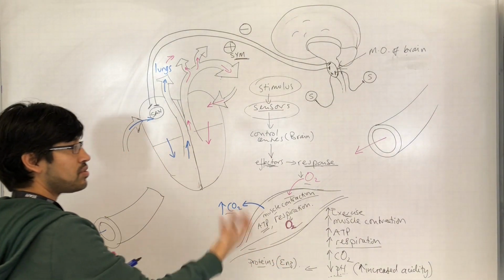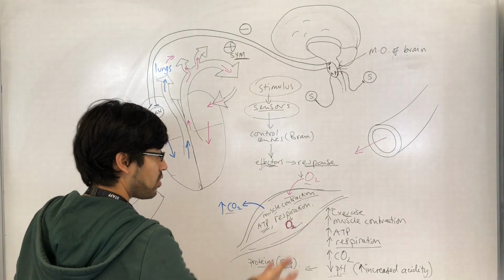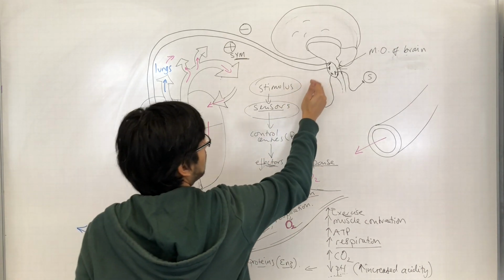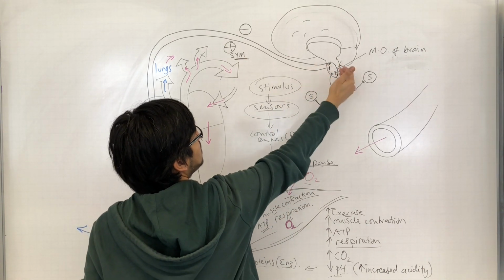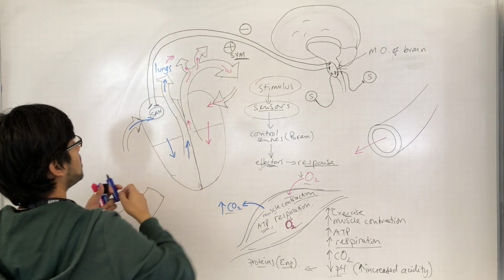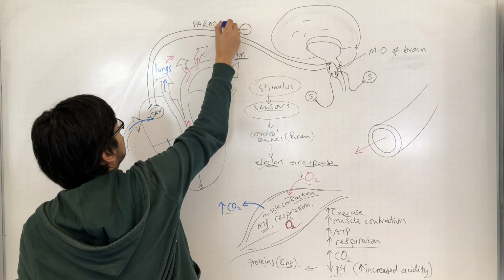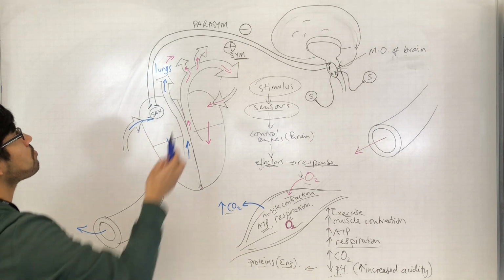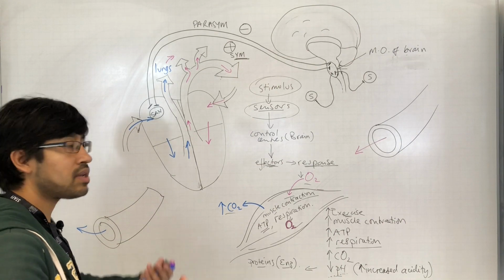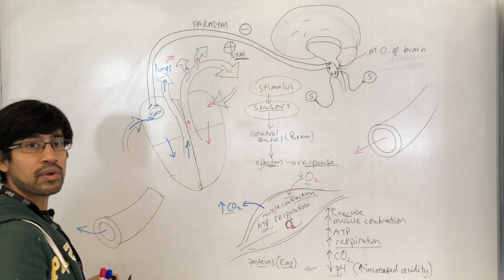When exercise then stops and the CO2 levels are going down, the oxygen levels are going up, and the pH levels are going up, then the medulla oblongata would send impulses out via the parasympathetic nerve in order to decrease the rate that the SAN is sending out impulses to contract the heart.